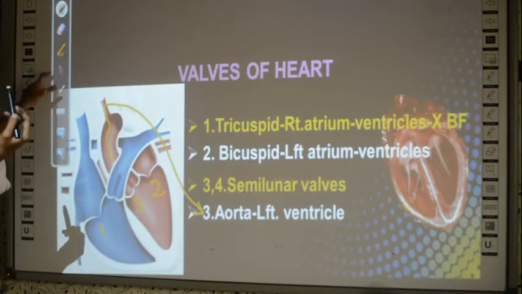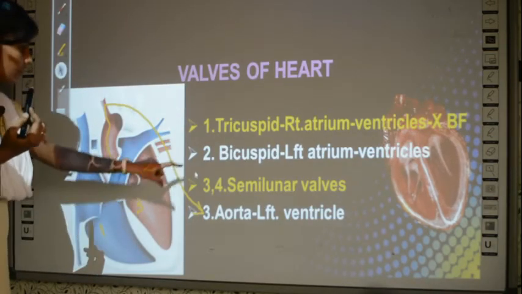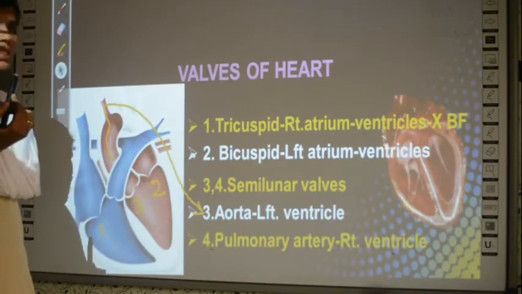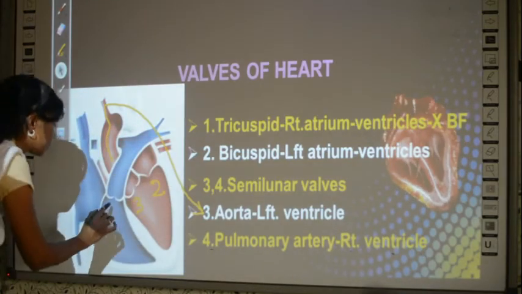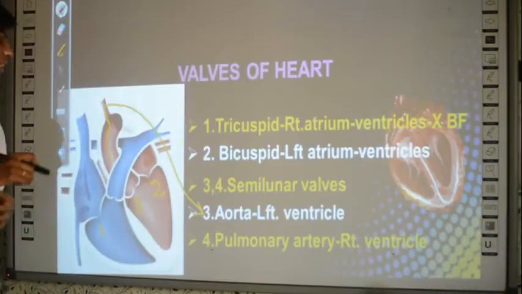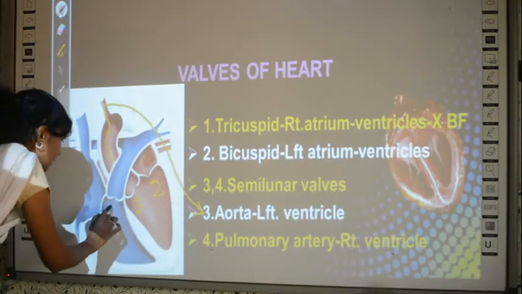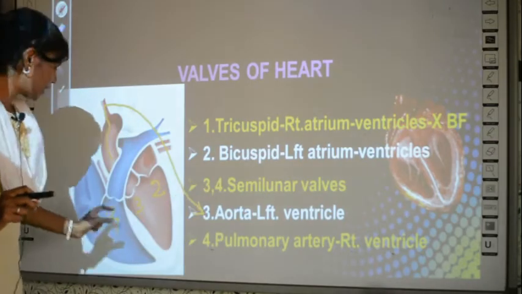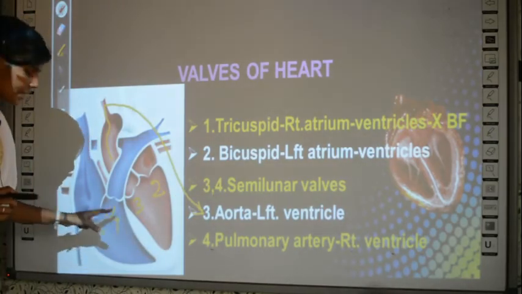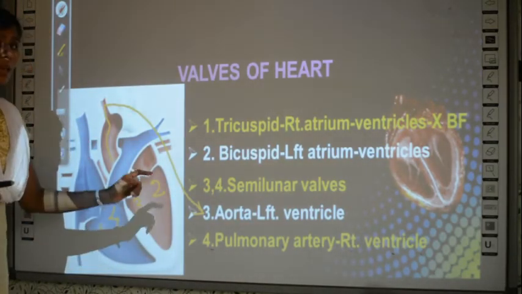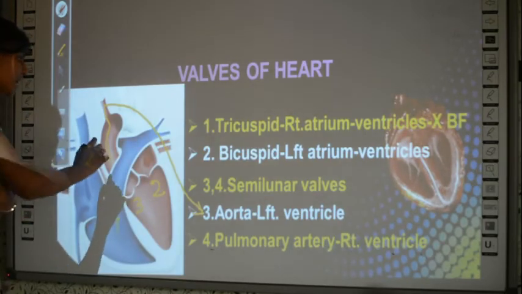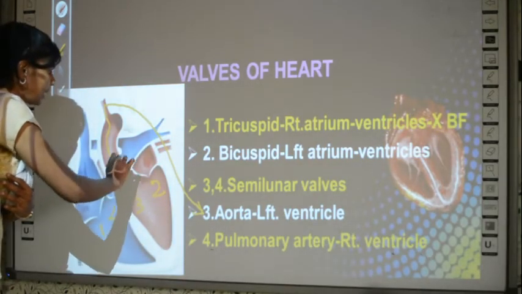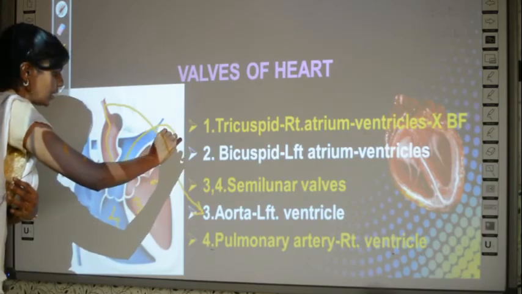Okay, and what is number 4? Number 4 is this one. This is number 4 and it is present between right ventricle and pulmonary artery. This is the right ventricle, and this is the pulmonary artery.